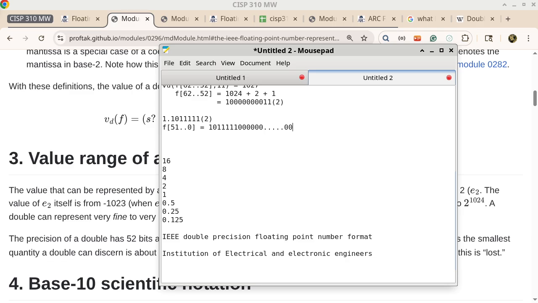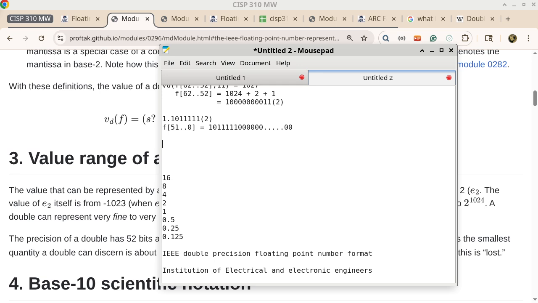All right, so that means we have just figured out every single digit of the 64-bit bit pattern. So to rewrite the entire thing, we have a 1 for F63 because the value is negative.